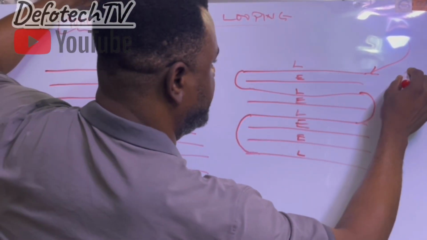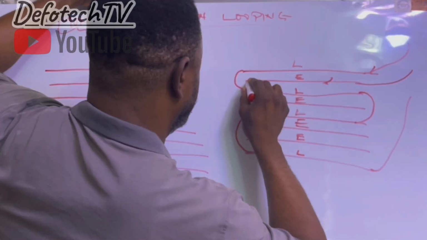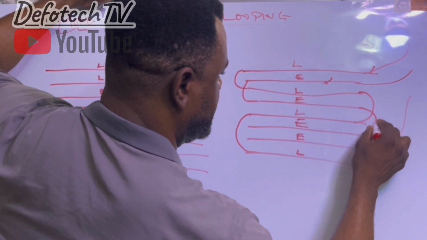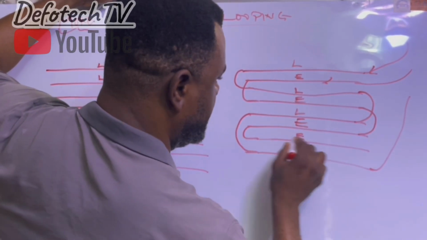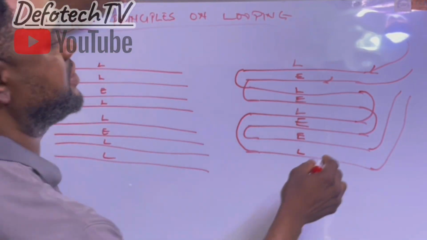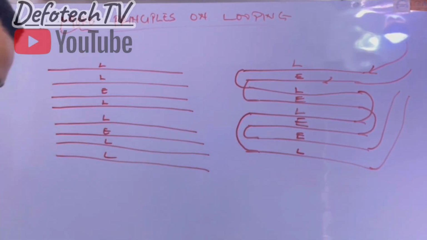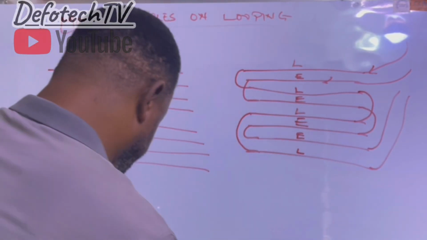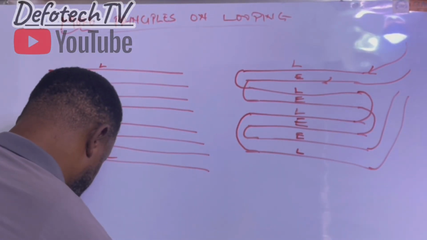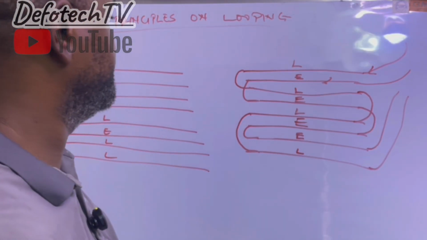Let's see our earth. If earth comes in here, gets to this, and this, then if I decide to configure my fence this way, we can also agree that this will work out. Why did I say so?